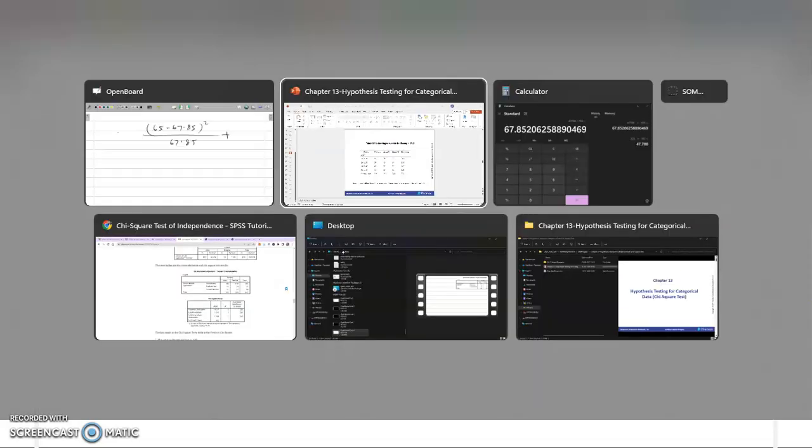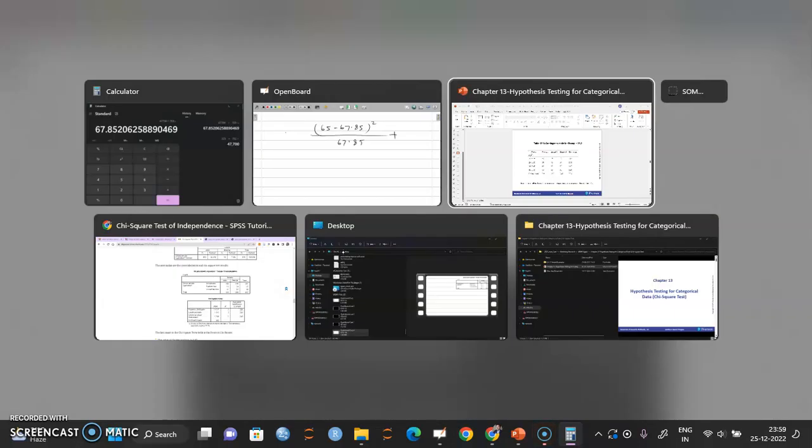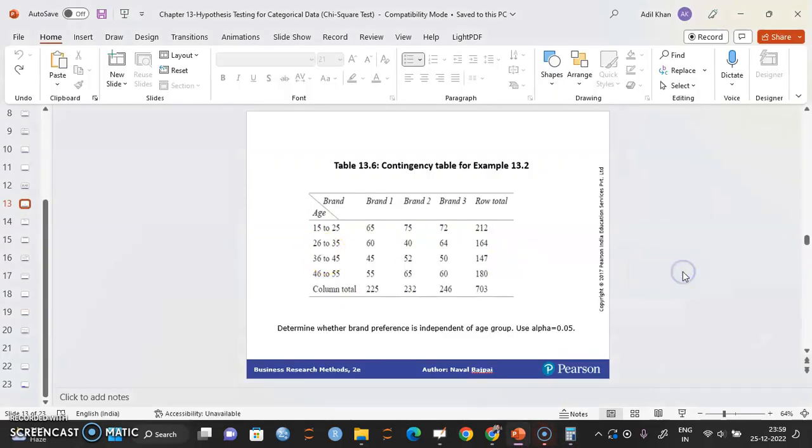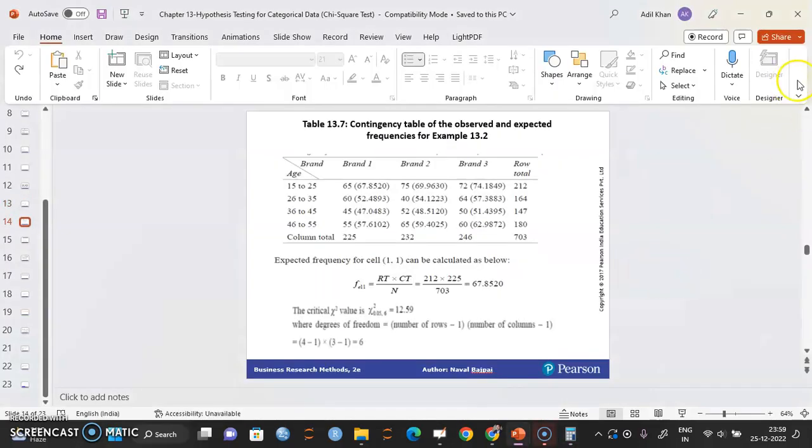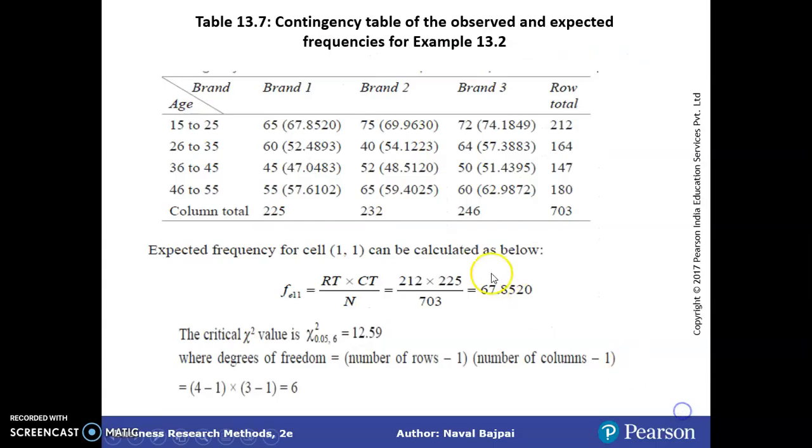This is already done. Let me just show you how it is done. The expected value is calculated in this way, and then you calculate each of these expected values. This value is 52.48.